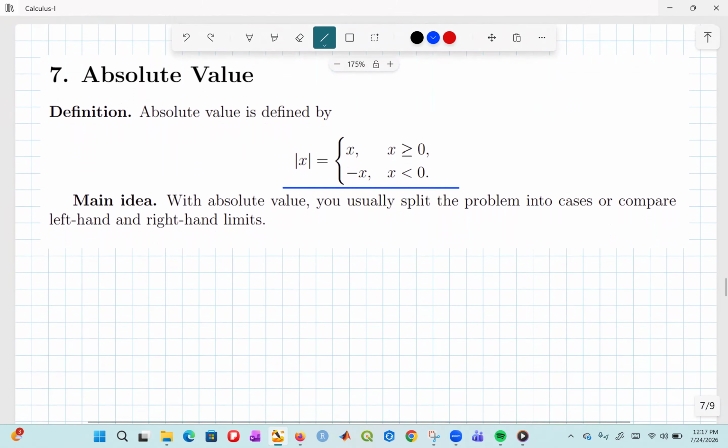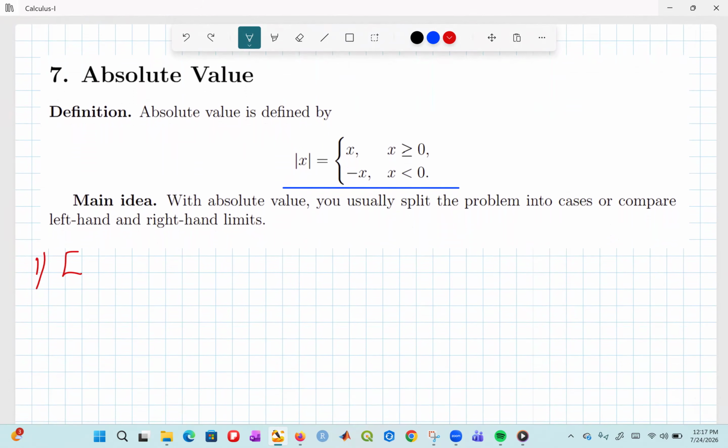How do we find a limit involving absolute value near 0? Example 1. Evaluate the limit of absolute value of x over x as x approaches 0.